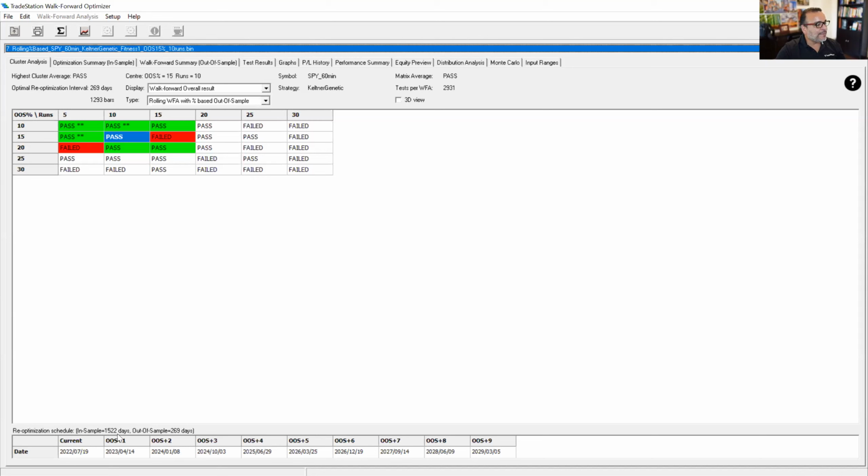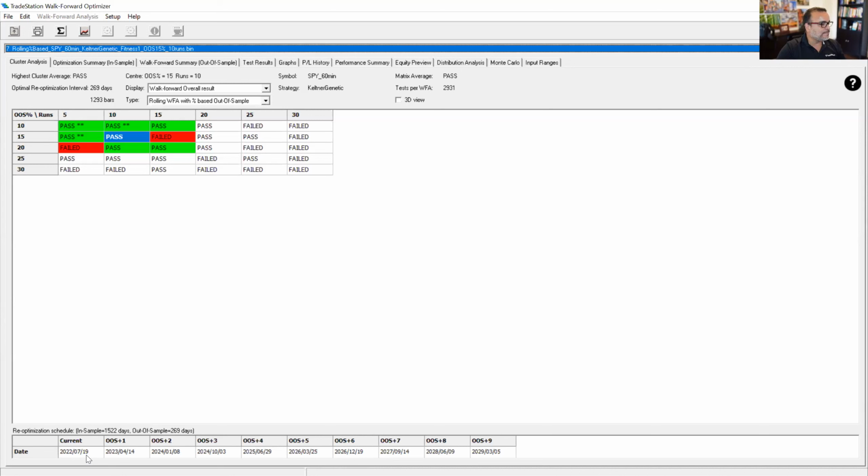The schedule in sample, 1,522 days. Out of sample, 269 days. So based on the out of sample data, it's going to create a schedule of when you need to re-optimize the strategy. So the current optimization you can see here is on July 19th.